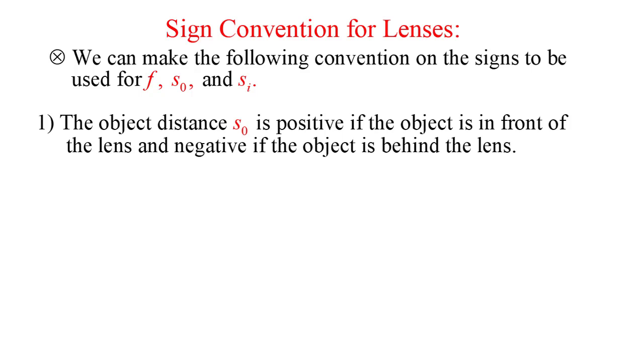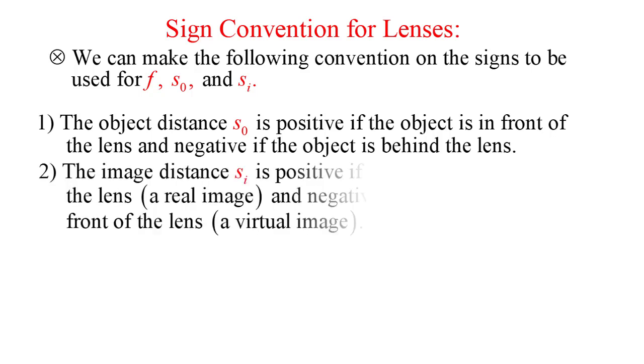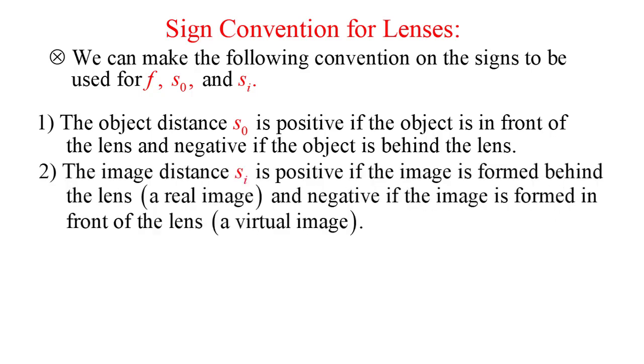Firstly, the object distance s naught is positive if the object is in front of the lens, and negative if the object is behind the lens. Secondly, the image distance s i is positive if the image is formed behind the lens, that is a real image, and negative if the image is formed in front of the lens, that is a virtual image.